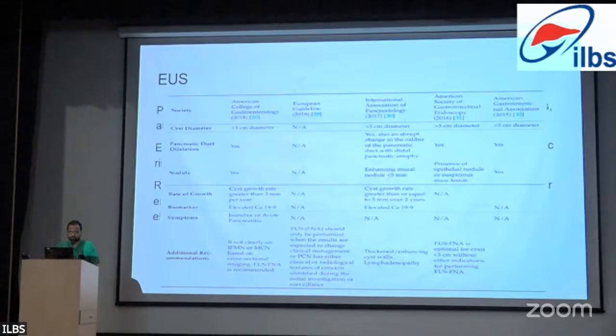According to the IAP, it is whenever there is an abrupt change in the MPD diameter with distal pancreatic atrophy, the presence of enhancing nodules less than 5 mm, or, according to the ACG, a rate of growth of more than 3 mm per year, or when the patient presents with elevated CA19-9 and/or symptoms of jaundice or acute pancreatitis. This is when you do an EUS.